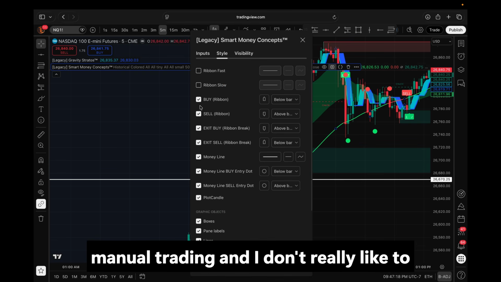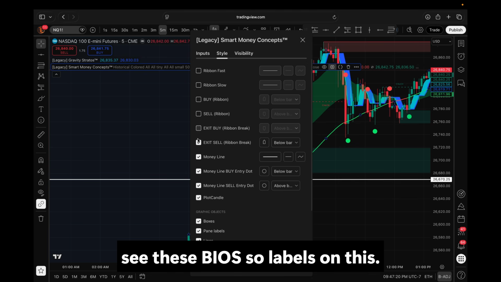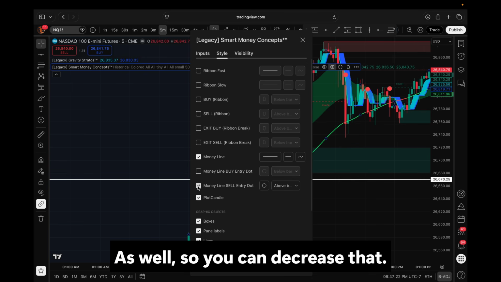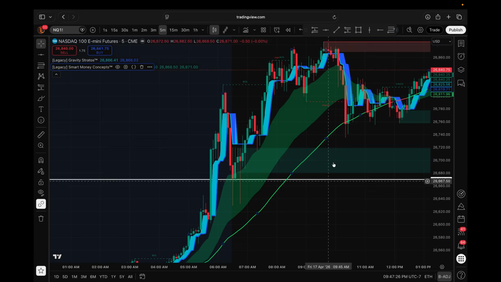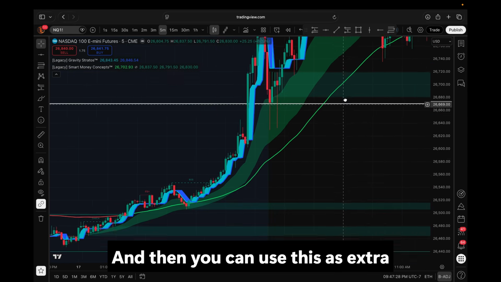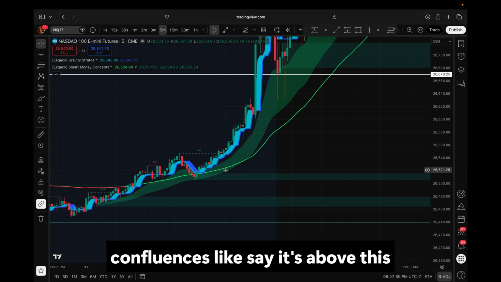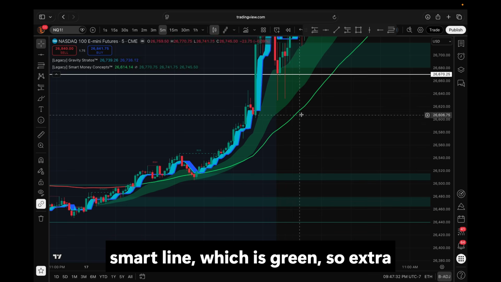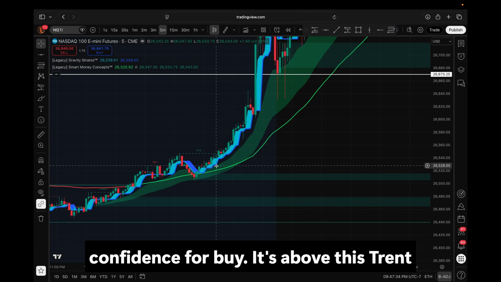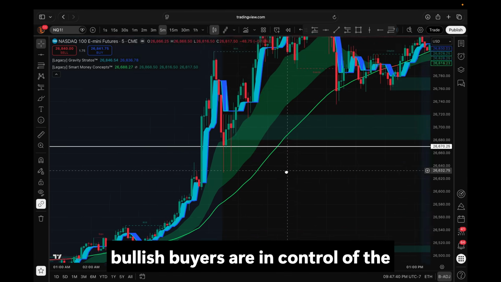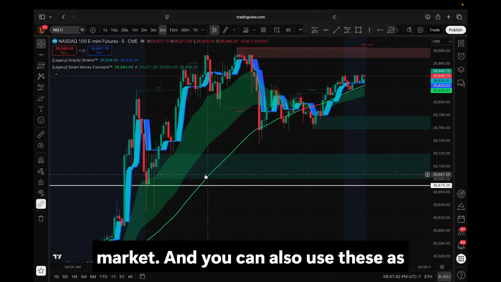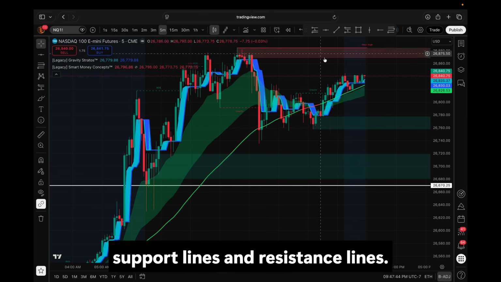And I don't really like to see these buy or sell labels on this, so you can decrease that. And then you can use this as extra confluence, like say it's above this smart line, it's green, so extra confluence for buy. It's above this trend ribbon, also green, so it's telling me bullish buyers are in control of the market. And you can also use these as support and resistance lines.